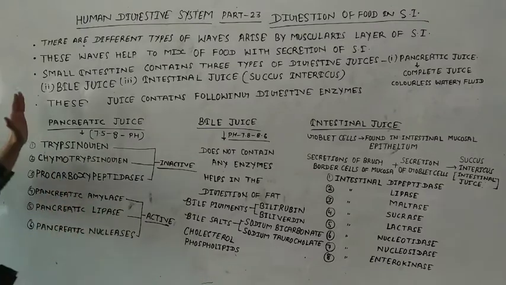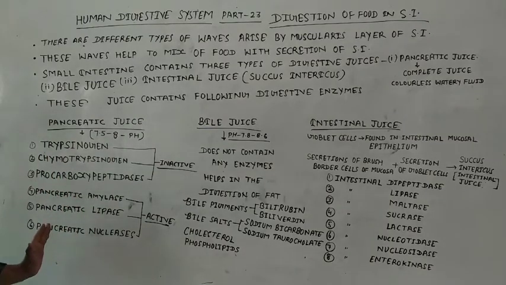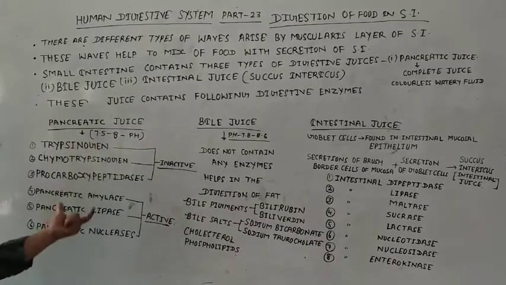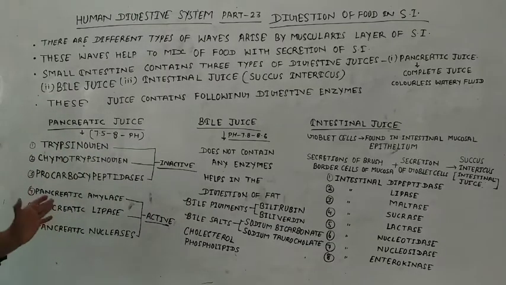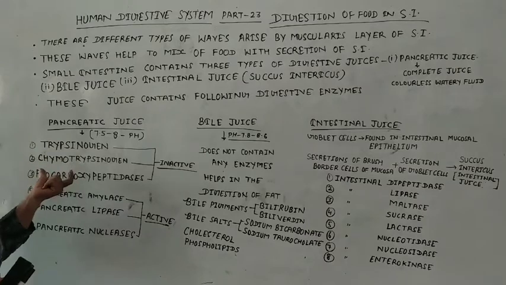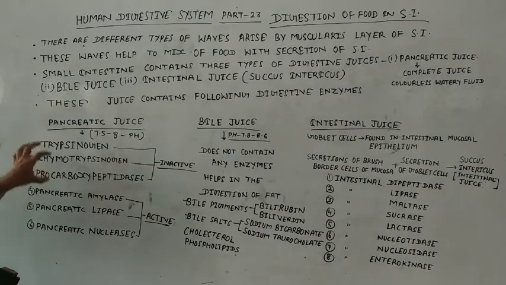Clear, students? And which types of enzymes are found in this type of juice? One more thing I want to tell you, students, is that certain enzymes are found in inactive form in pancreatic juice, and certain enzymes are found in active form. And some enzymes help to activate these inactive enzymes. We will discuss this in a further video. So students, which types of enzymes are found in pancreatic juice? I will tell you the names one by one.